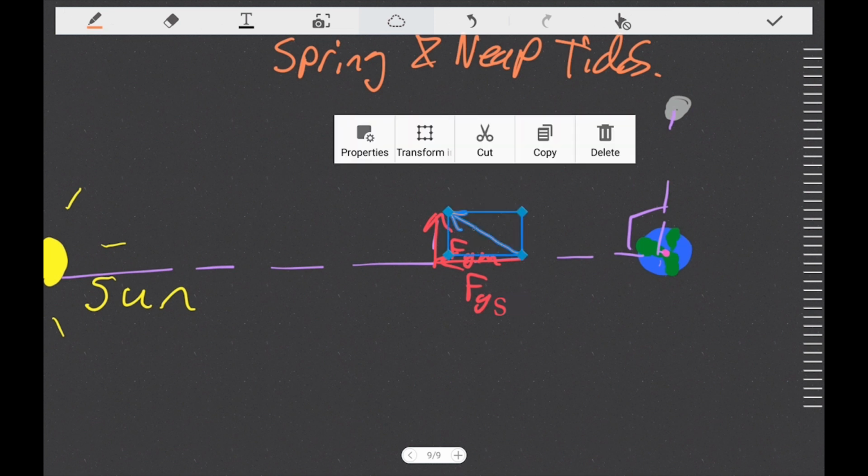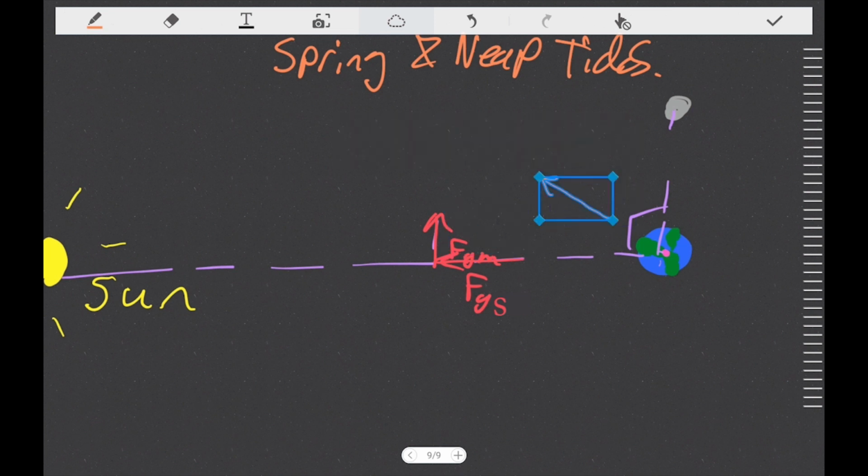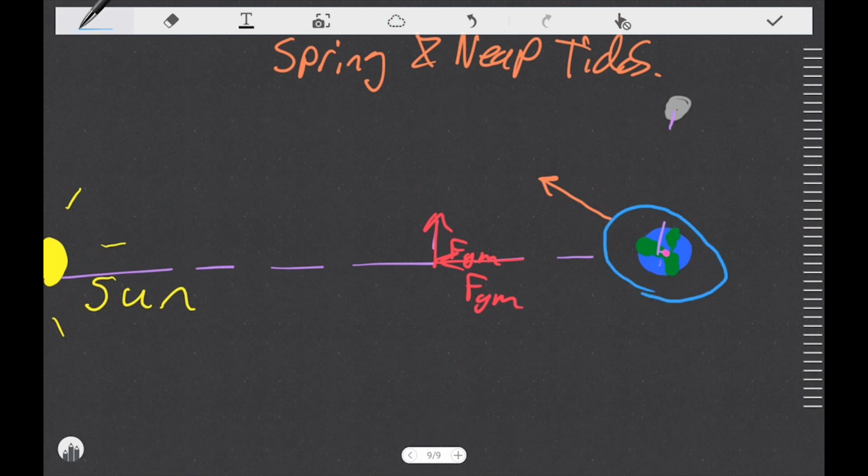So if we take that and throw it over here, we would expect to see a smaller bulge on both sides of the Earth that doesn't quite point in line with the moon or with the sun. We would call those neap tides. What we know about neap tides is that the difference between high tide and low tide is closer together. We have more moderate tides.